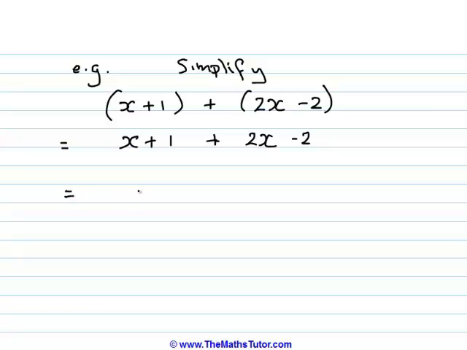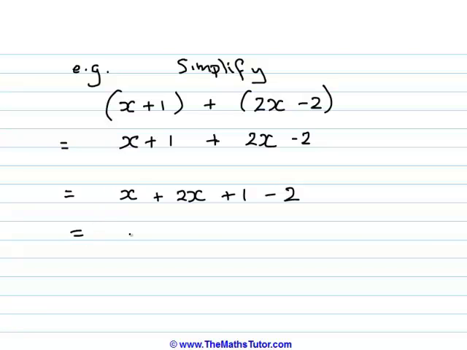Now we group together the terms that are alike. So we're going to group together the x terms, so x plus 2x, and we group together the constant terms, plus 1 minus 2, because we can only add and subtract like terms.